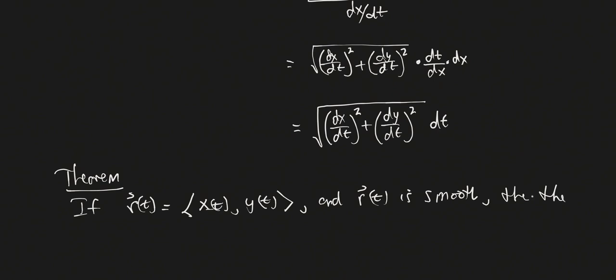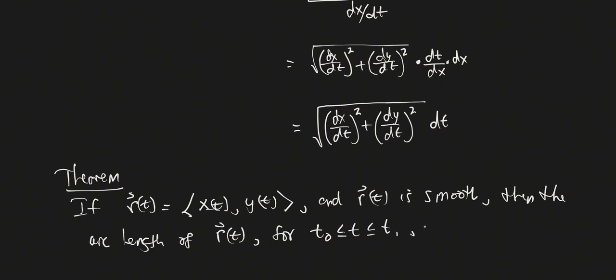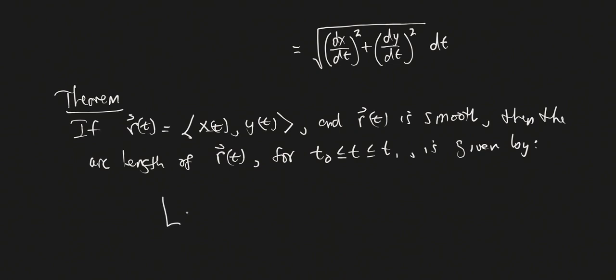then the arc length of r of t, for t going from t0 to t1, the length of that curve is given by, and then here's our arc length formula. So the integral from t0 to t1, integrate your arc length differential.